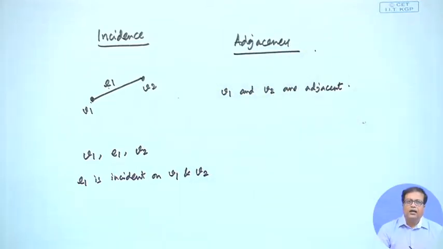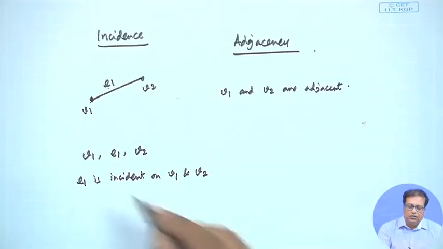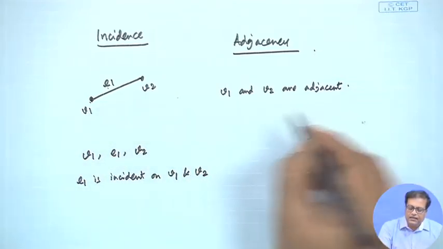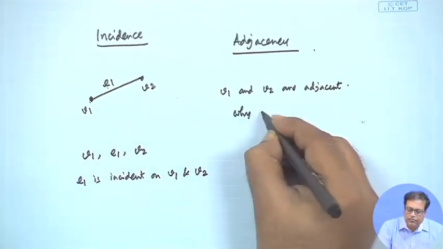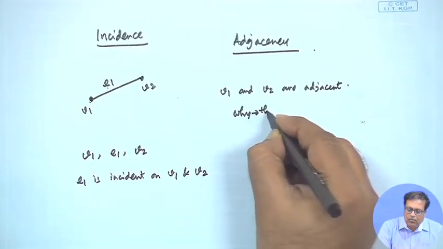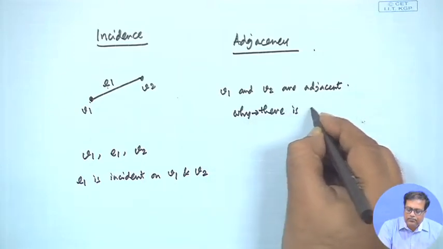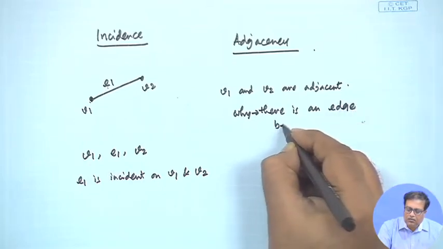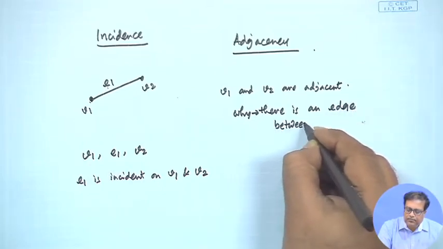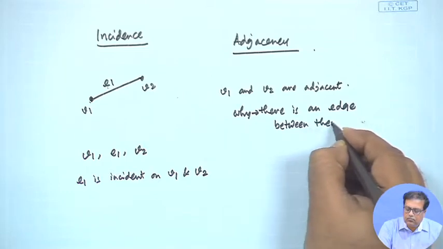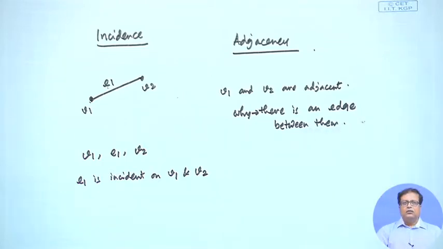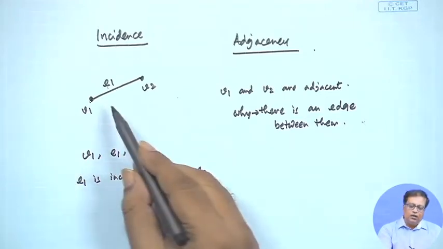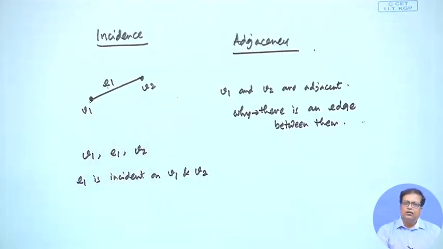That is called adjacency, right. So, V1 and V2 are adjacent. Why? There is an edge between them. All right. So, that is the incidence and adjacency. So, E1 is incident on V1 and V2.